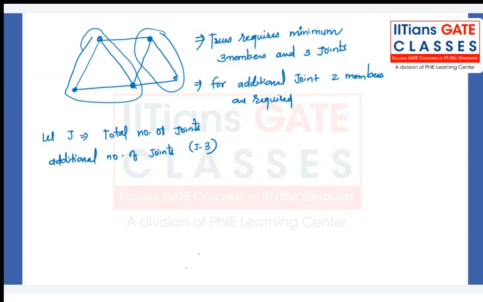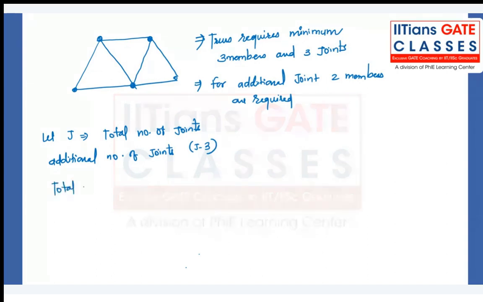So how will you calculate the total number of members? The total number of members in the truss structure is equal to 3 plus 2 times (J minus 3).